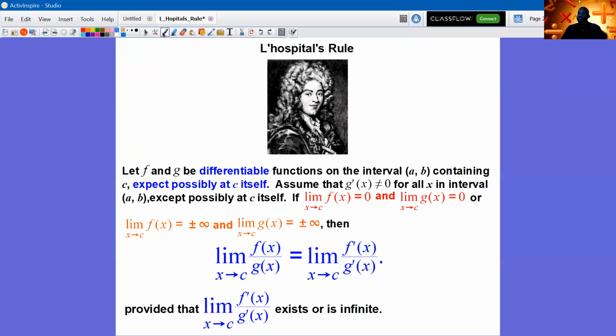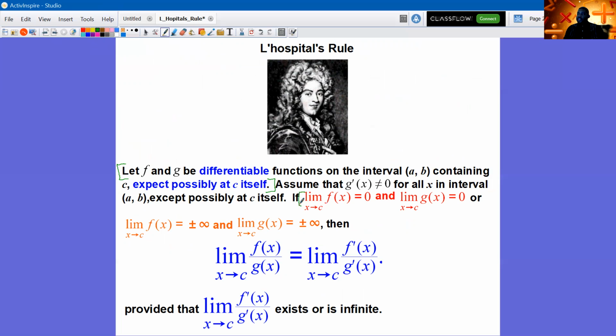The most important thing in this theorem is the following statements. That first sentence talks about f and g being differentiable at c on this open interval.